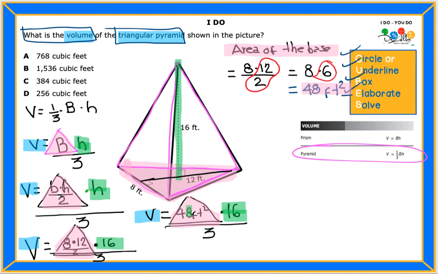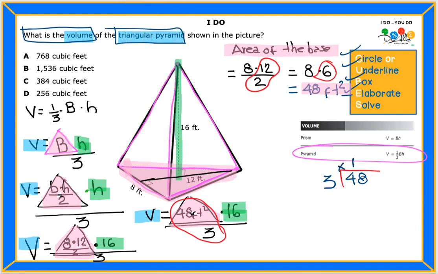Chances are it will work with 48 because 48 ends at 8, and I know 3 times 6 is 18. So I'm going to try this one first. I'm going to do it on the side. So I'm going to do 48 divided by these 3.